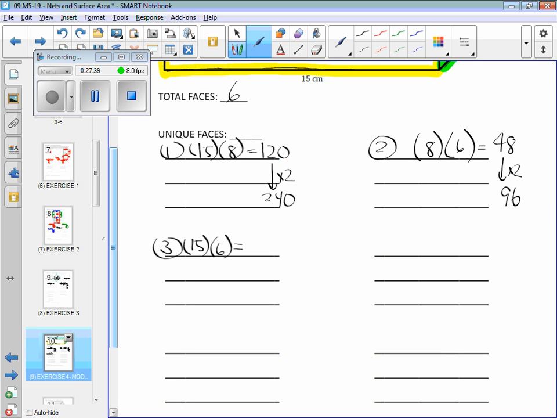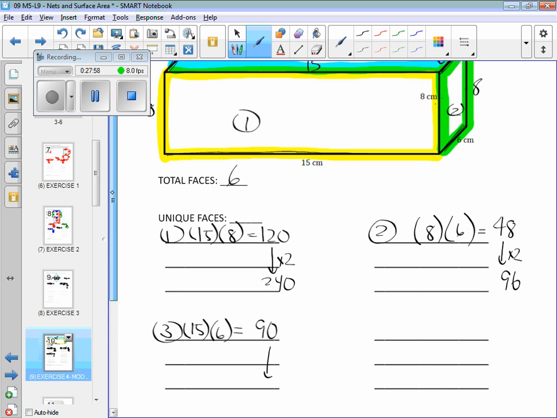15 times 6 is 90. You're getting it confused with shape number 1 because shape 1 is different dimensions. Shape 1 is 15 by 8.